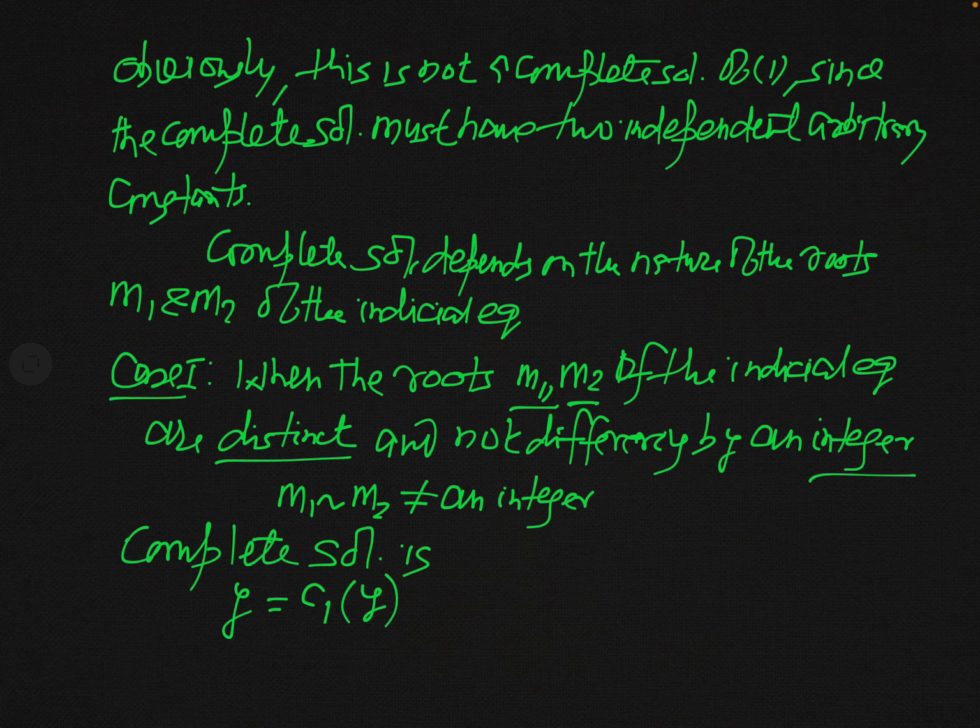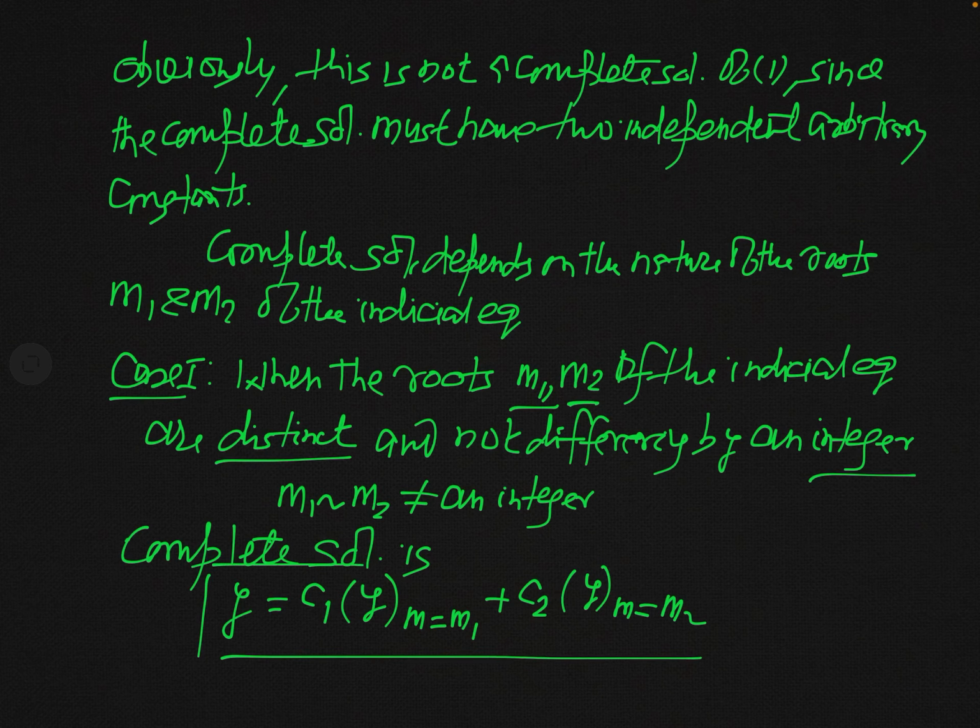If you write this first solution, y at m equal to m1, you can also write it y1. Then we will consider the second arbitrary constant c2 and multiply it by the second solution. Second solution means the value of y for m equal to m2.